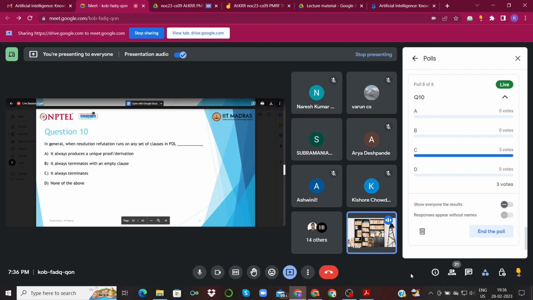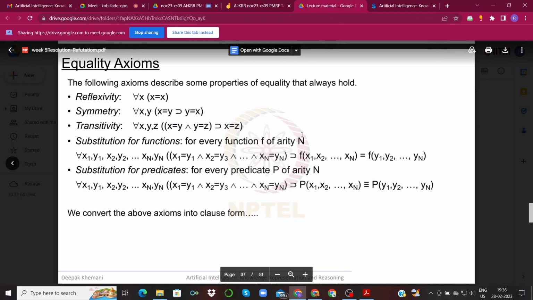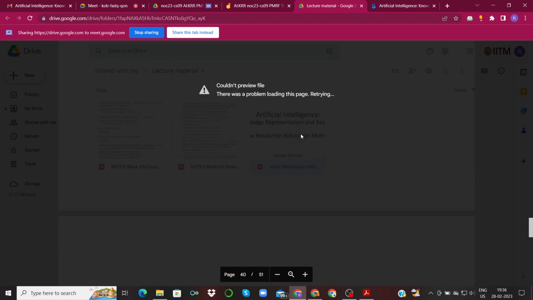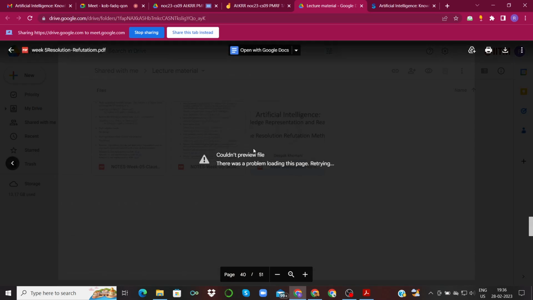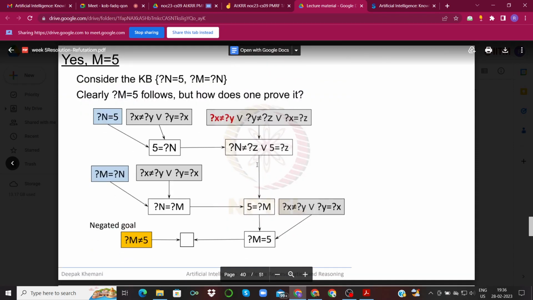So basically, a resolution refutation method, let me show you an example from something that Sir discussed in his lectures. Maybe that will be a bit helpful. Just give me a moment.